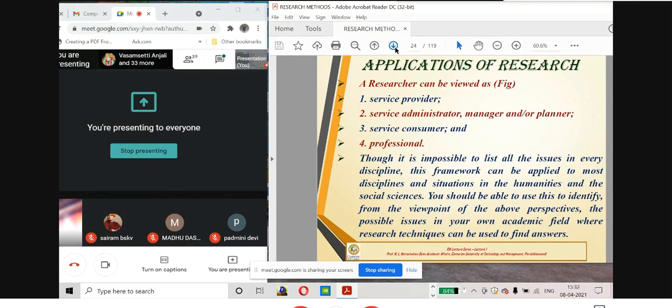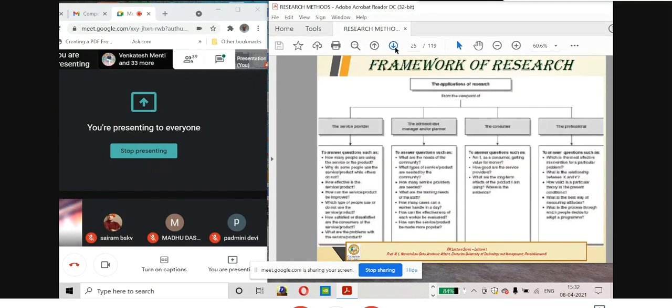For example, these are the four things which I have told. As a service provider, are you able to see this in the blocks, or shall I increase the font size?